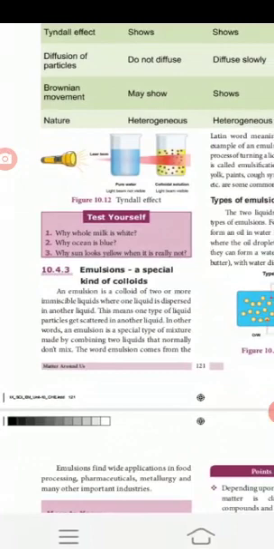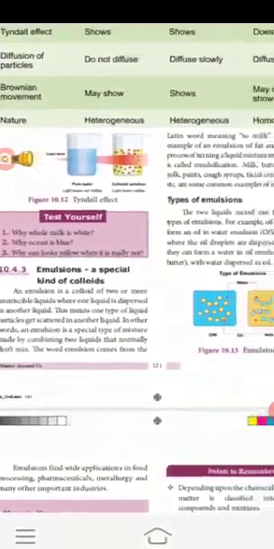We see that this gives a distinguished color. That's the reason why the sky is blue and the milk is white, because the light is scattered throughout the substance, which gives the substance its color.